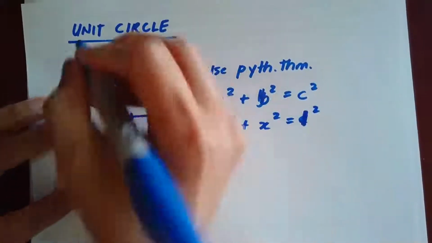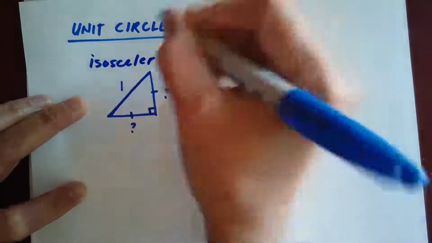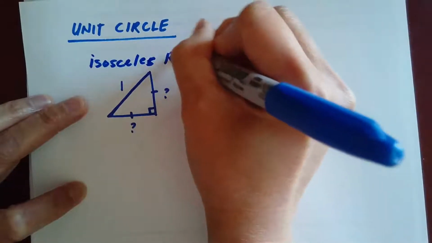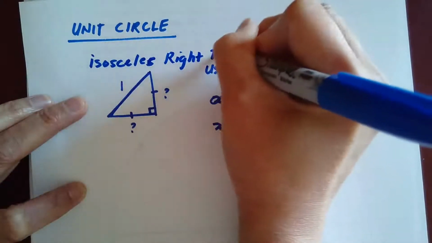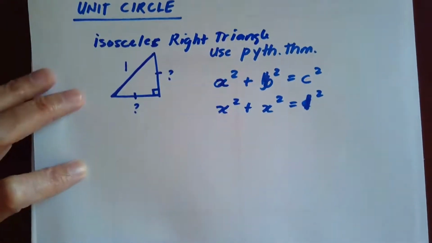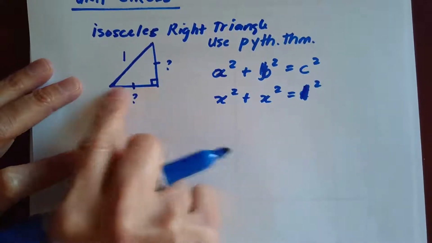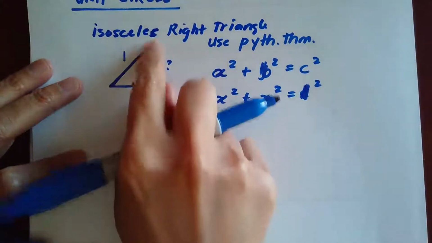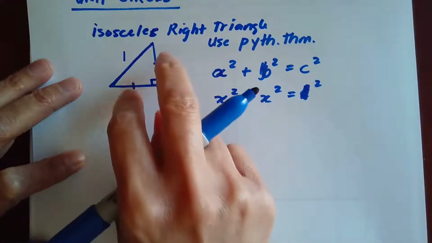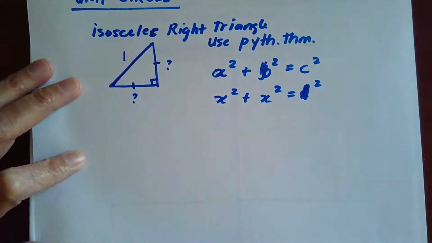Isosceles right triangle, that's what we have right here. This side we don't know, and this side we don't know, but we know that these two sides, the legs, are equal, and the hypotenuse is 1.